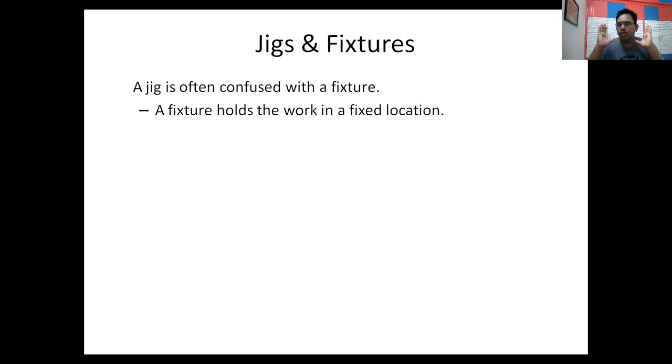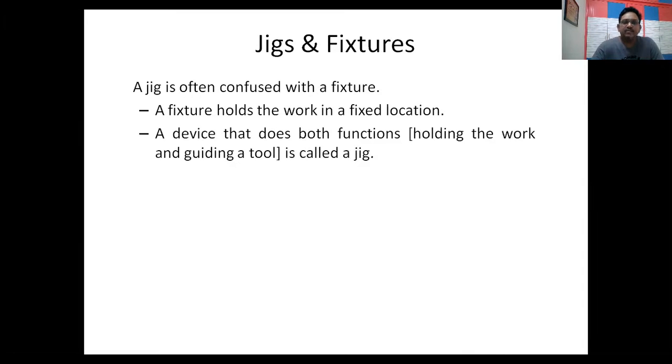Fixture will hold the workpiece, that's it. That means it holds the workpiece in a proper fixed location, but it will not guide. Whereas a device that does both functions, holding the work and guiding the tool, is called a jig. So that is the difference between jigs and fixtures.